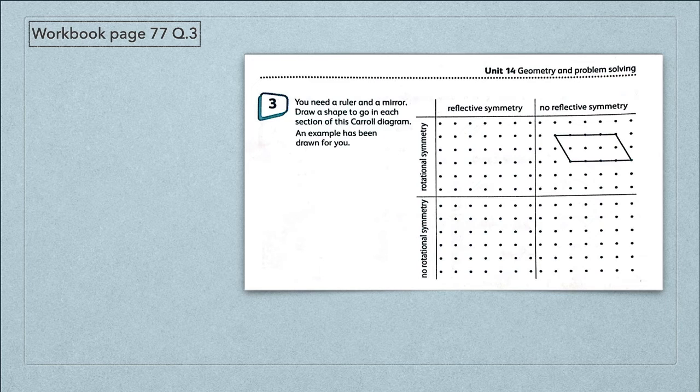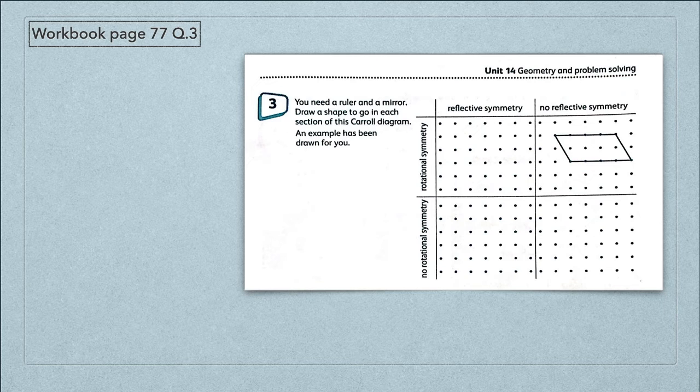Now, the way you're going to understand this diagram is, for example, imagine we have 4 squares here, the upper left part, the upper right, and the bottom left and right. When we talk about the upper left corner, it means this shape should have reflective symmetry and also rotational symmetry properties.